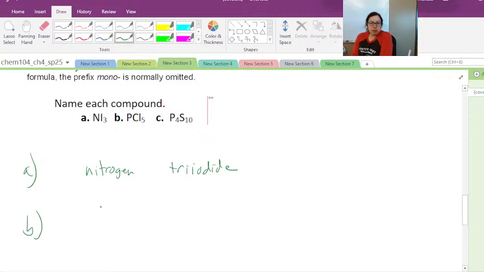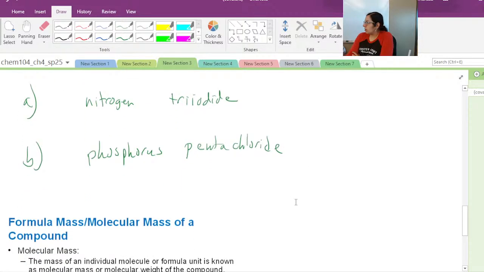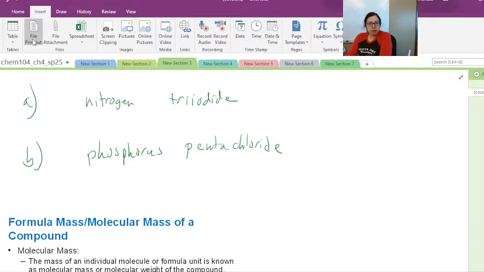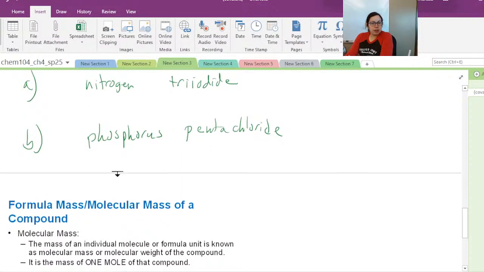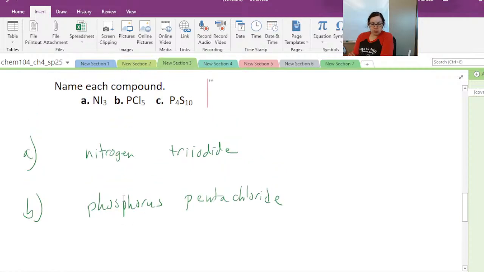What about B? What's that one? Phosphorus pentachloride, good. Again, hopefully this feels pretty straightforward. If not, do ask questions.